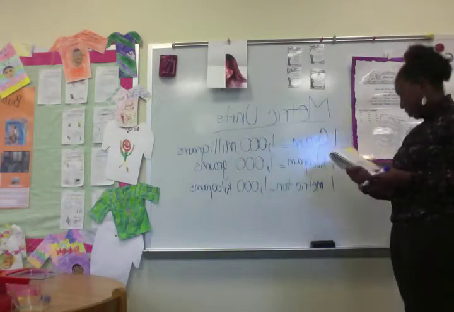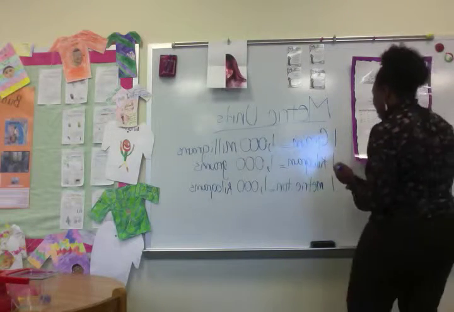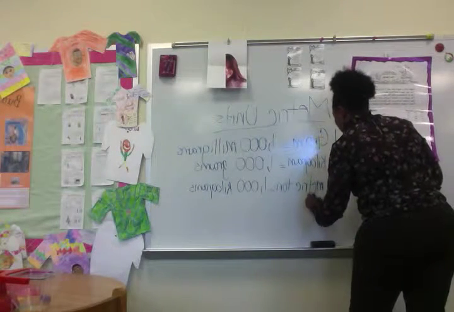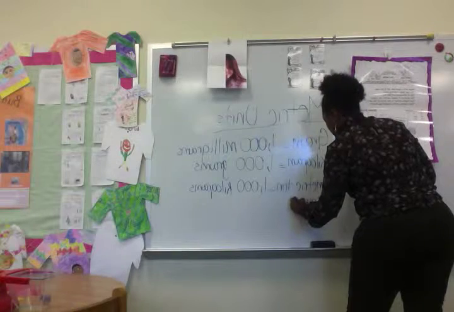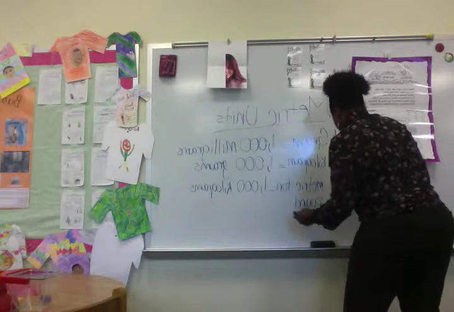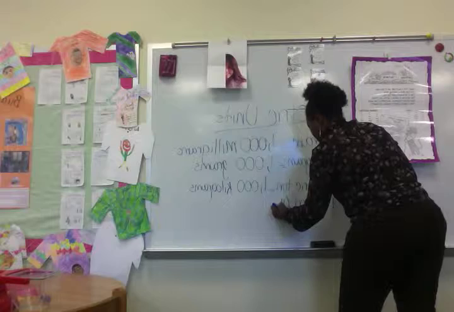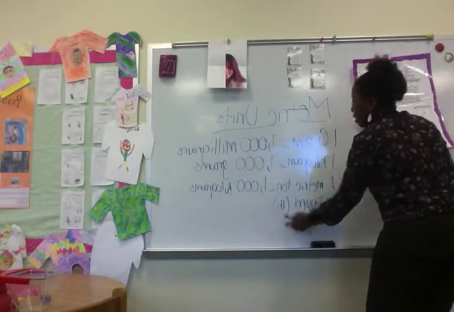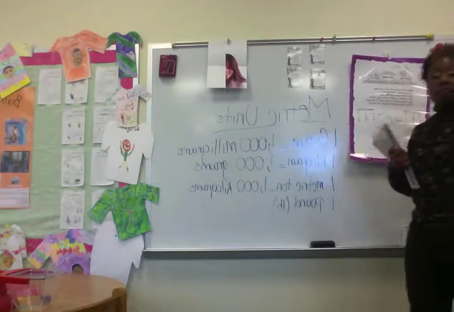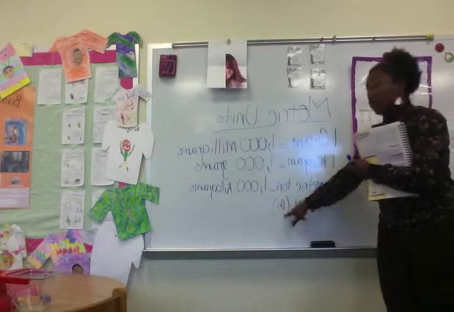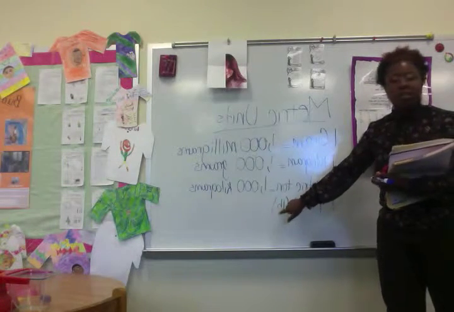Good job. Now, if I were to say 1 pound, and you guys, this is another symbol here for pound. I'm sure you see this in the grocery market all the time. So keep that in mind.